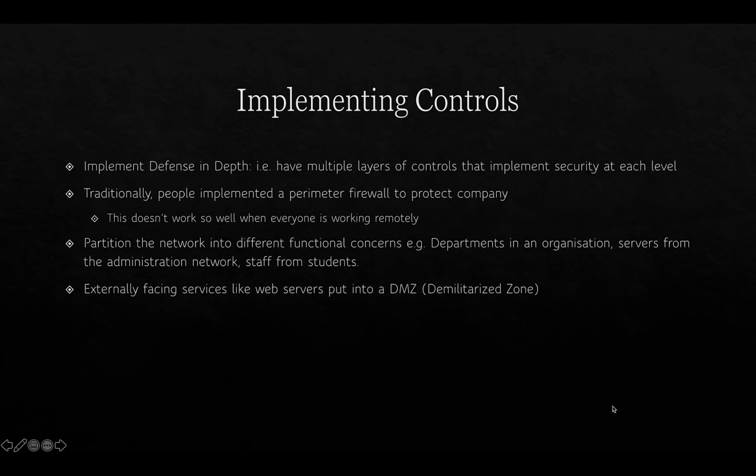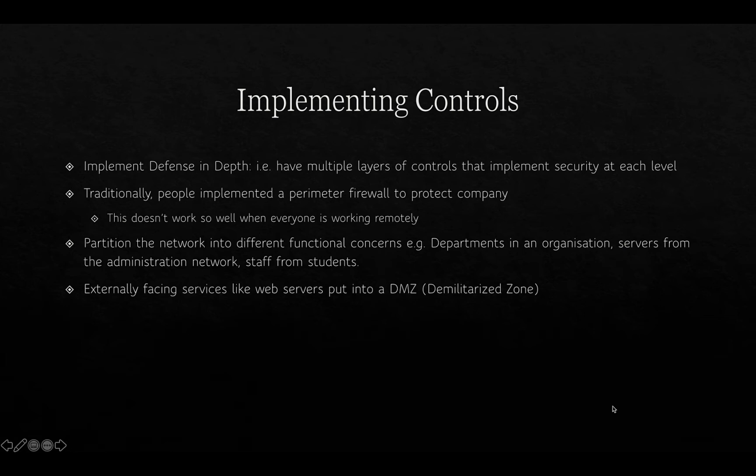So in order to protect against attack and exploitation of vulnerabilities, we can implement controls. We can implement what's called defense in depth, where we have multiple layers of controls that implement security at each level.